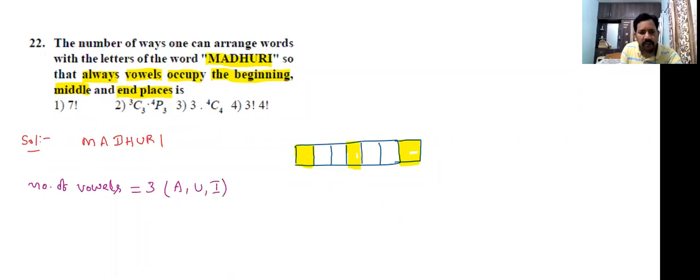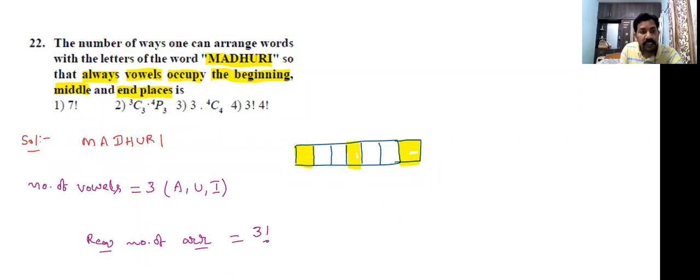Remaining are consonants only. So required number of arrangements, or required number of permutations, you can write either one. Arrangement means permutation only. 3 vowels can be arranged in 3 places, that is 3 factorial ways.